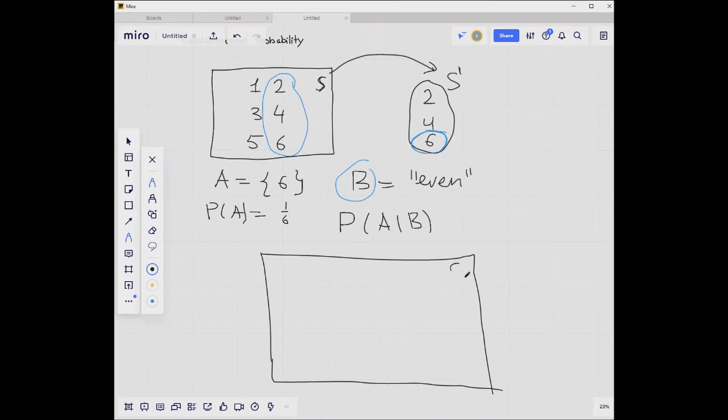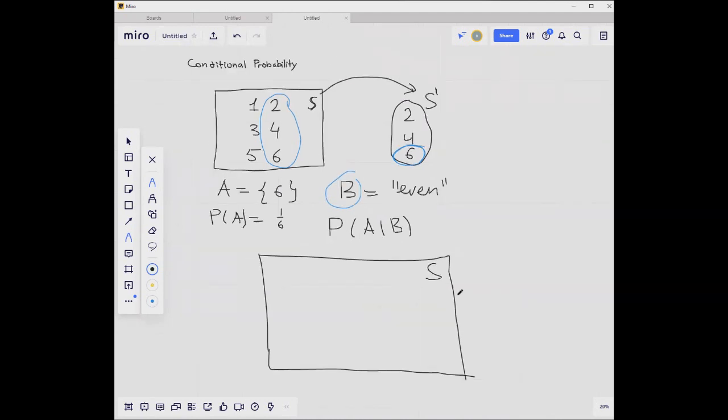Let's say we have sample space S, and let's assume that there are equally likely outcomes in our sample space. The total number of outcomes in our sample space is small n.